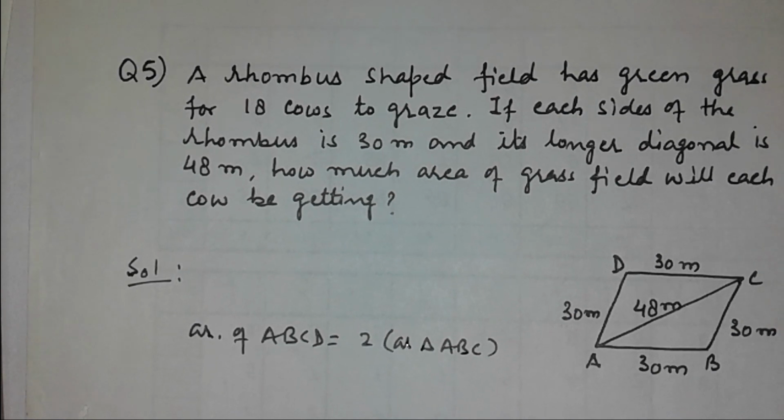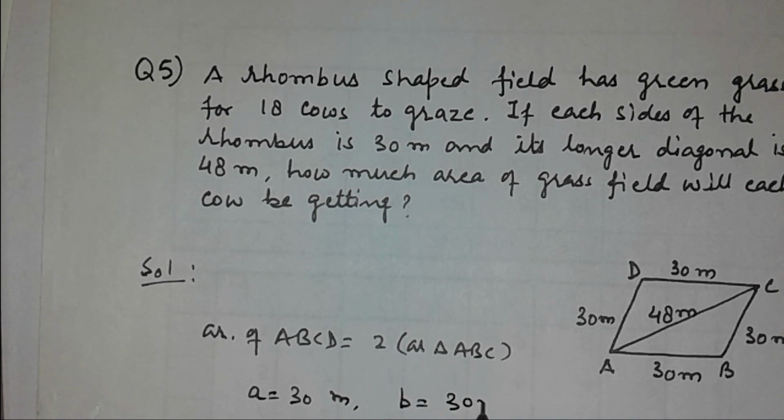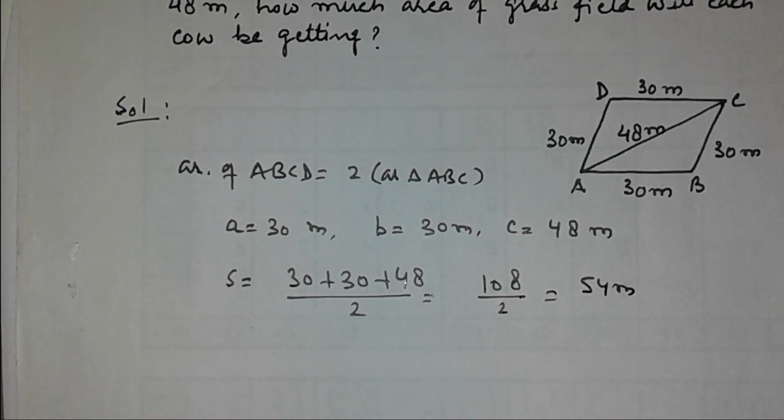Okay, now in this case A is given 30 meters, B is given 30 meters and C is given 48 meters. Now first find S. S is equal to 30 plus 30 plus 48 divided by 2, that is 108 divided by 2, that is 54 meters. Okay, which is 54 meters.